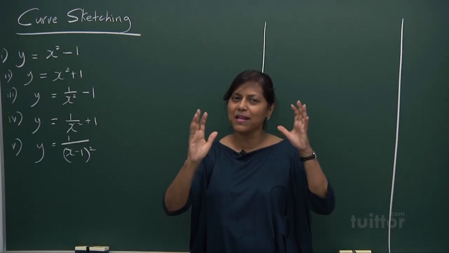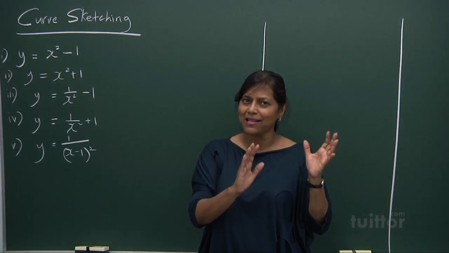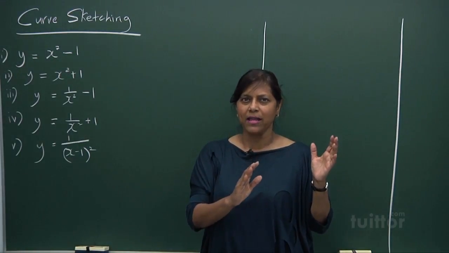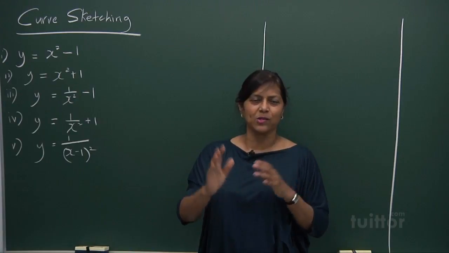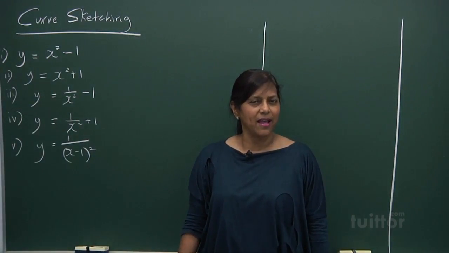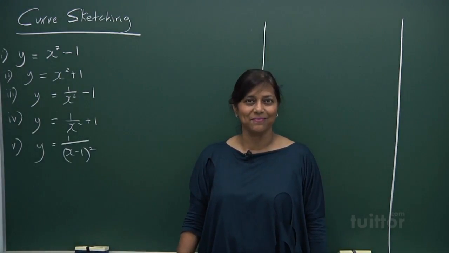Do you notice my trend? I give you numbers that look alike. I give you y equals 3x, y equals 3x squared, y equals 1 over 3x, and all kinds. We played around with it, and I'm sure you have a picture now of curve sketching.